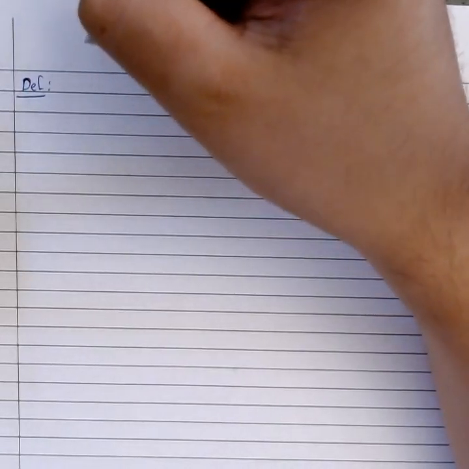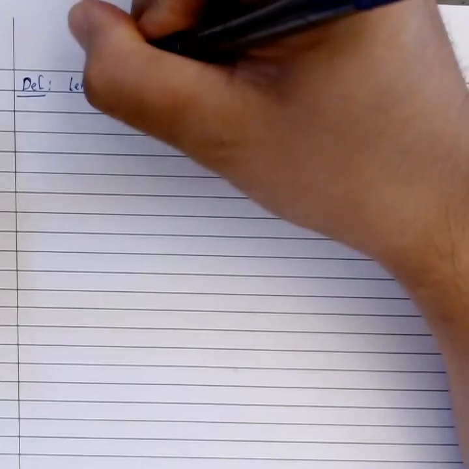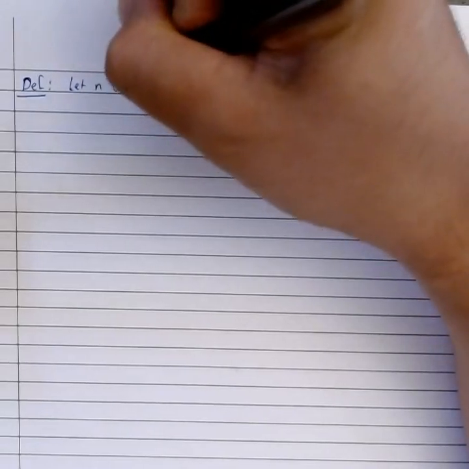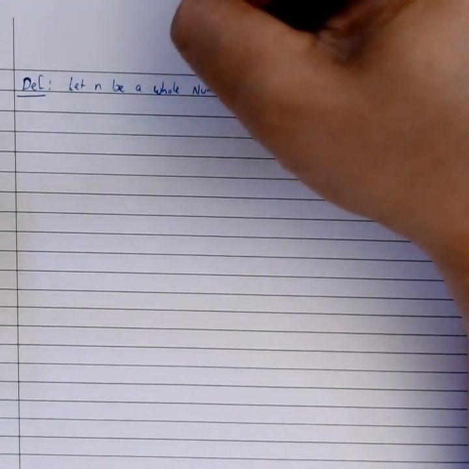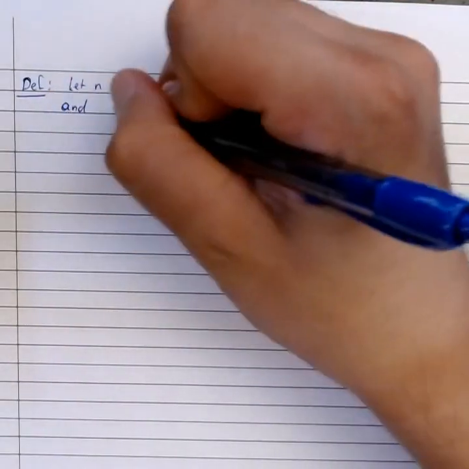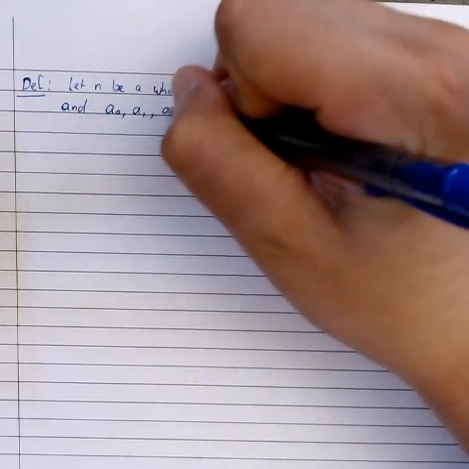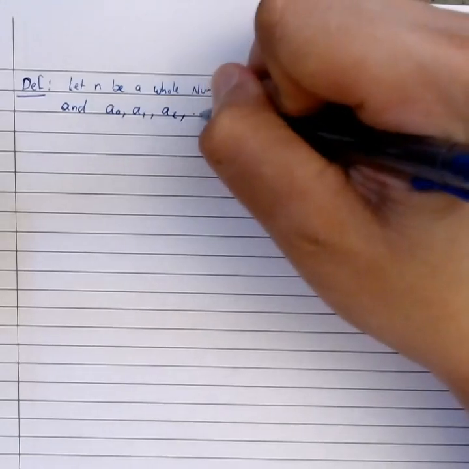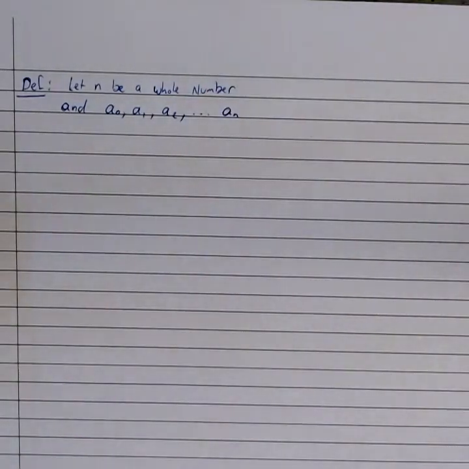Let n be a whole number. And a sub 0, a sub 1, a sub 2, all the way up to a sub n, let those be real numbers.